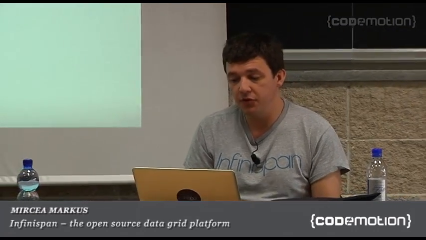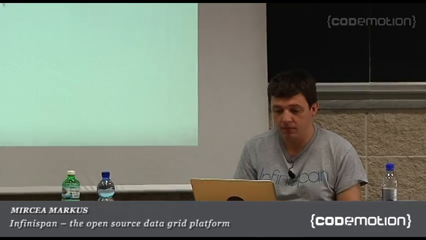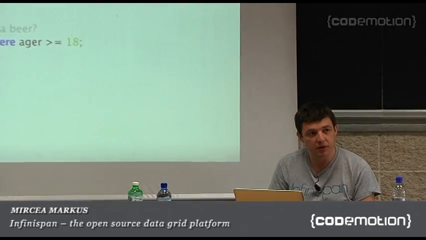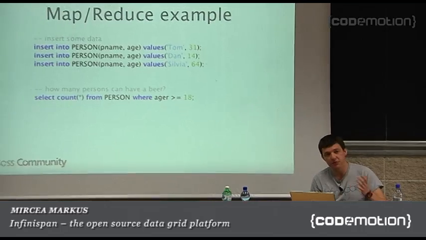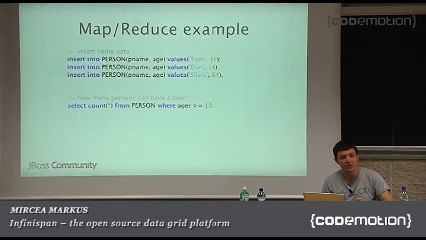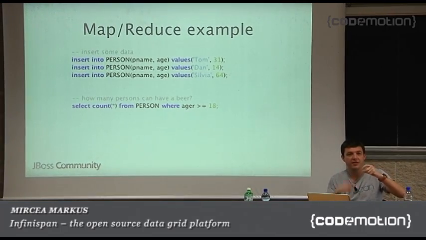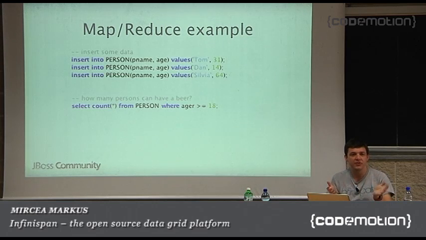So just to give you a hint on how data can be manipulated with Infinispan versus a database, because if you think about it, the key value is quite limited. You have a key and a value, and how can you read it, and that's really not enough for many applications. You want a more semantically rich way of querying the grid.